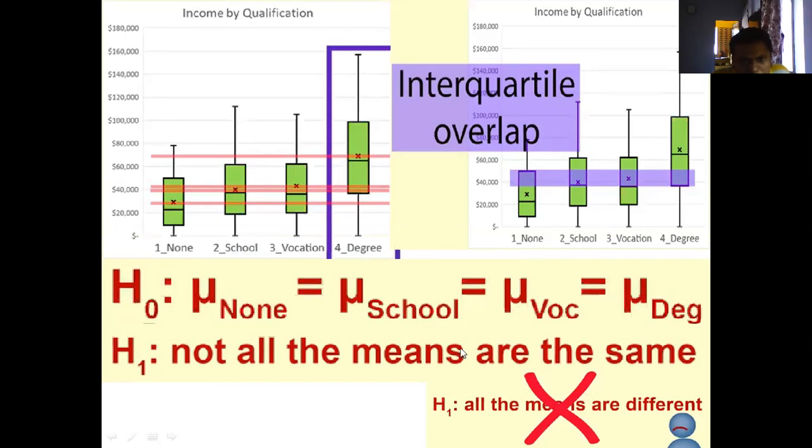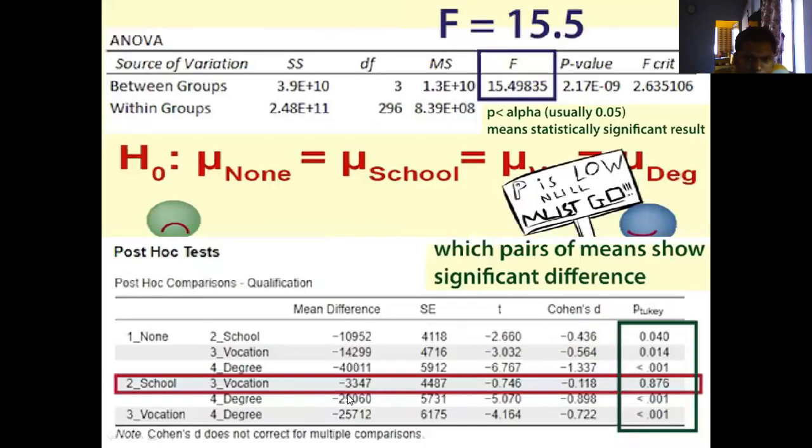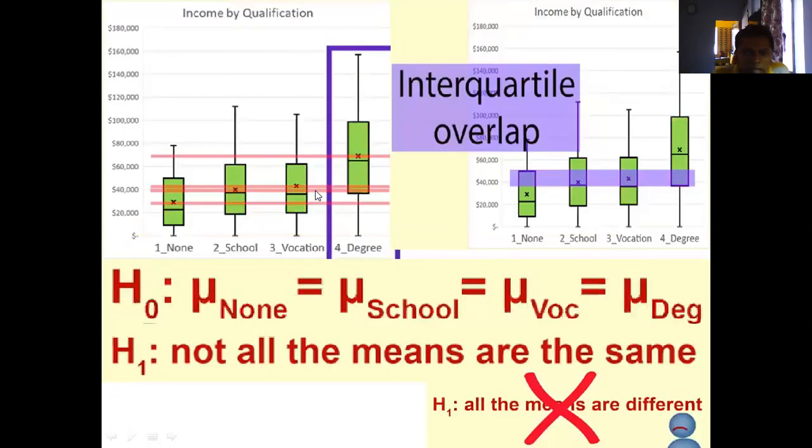It may be that all the means are different, but it also could be that some of the means are the same, like this. In this case, some of the means are the same. So the ANOVA test will only tell you that all the means are not the same.